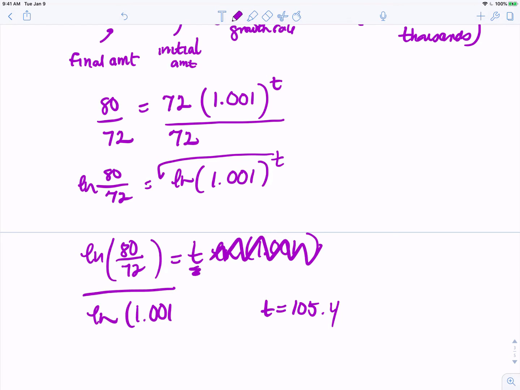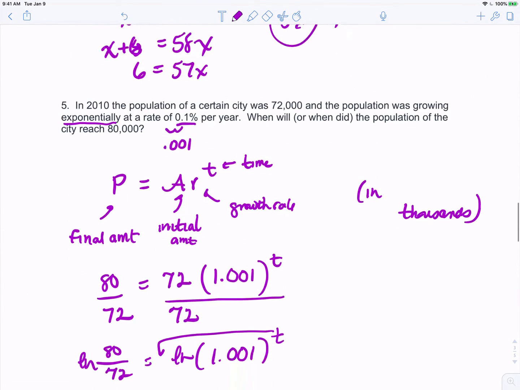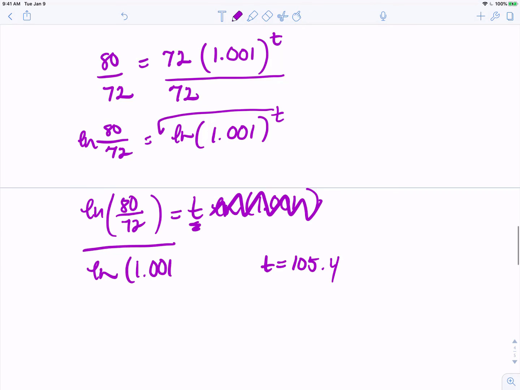So it's going to take a long time before the population of the city reaches 80,000. If time started in this problem in 2010, it would be 105 years after 2010. So 2010 plus 105 years, that would be the year 2115. And those are the solutions to this week's problem set.